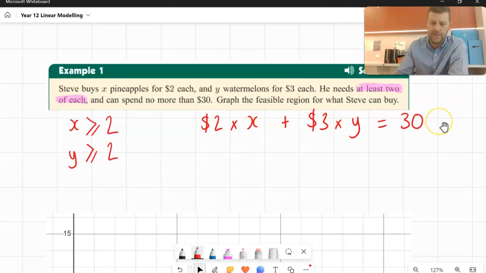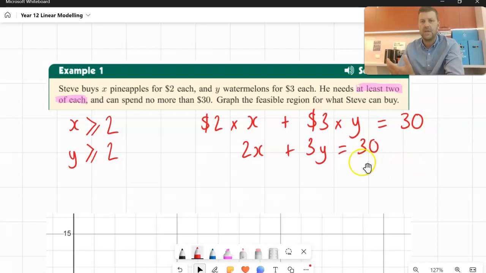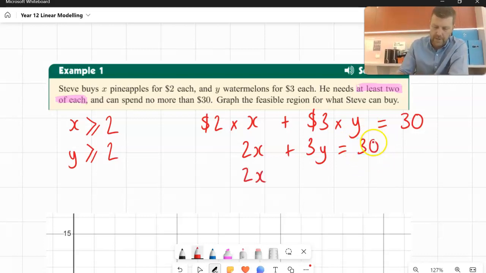So let's simplify this to 2X plus 3Y is equal to 30. Now remember, he doesn't necessarily have to spend the whole $30, so we will change this to an inequality. 2X plus 3Y is less than or equal to 30.